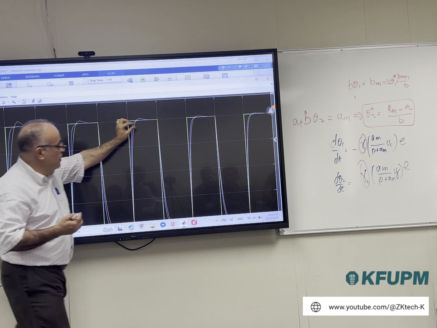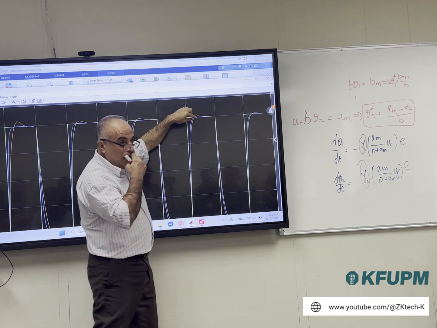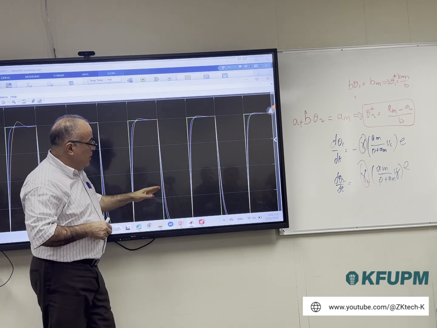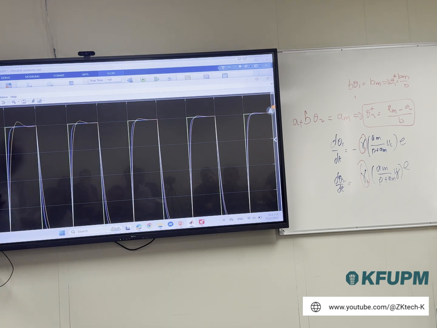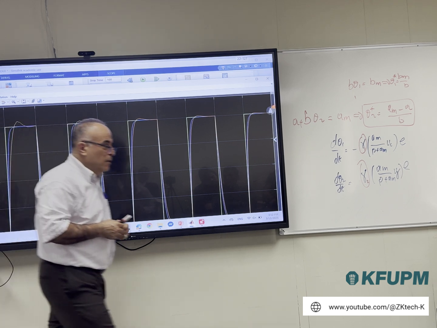But because this is second order dynamic, what we need to see is a transient change of A and B. At the end of the day, they will converge to the true value. Everybody agrees with this?